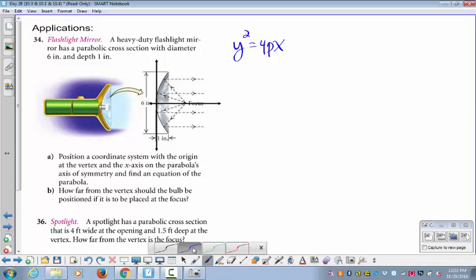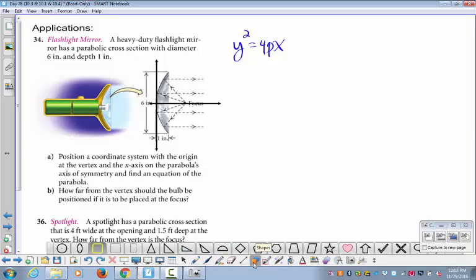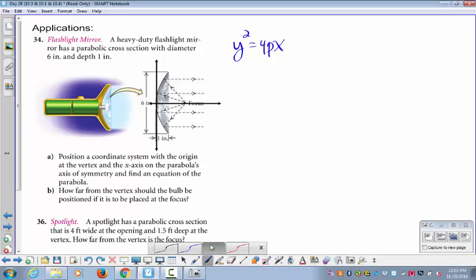Do we know a point? So this thing is a parabola. Let's see. We've got this graph right there. Do we know a point on that graph? If we knew an ordered pair on the graph, we could plug in that ordered pair and then isolate p. So 1 moves us over here, and that point right there would be (1, 3).